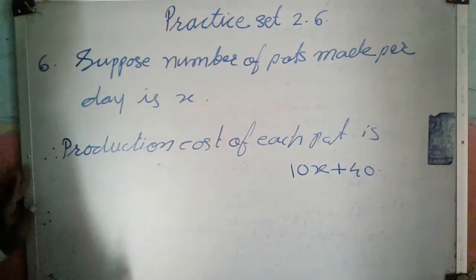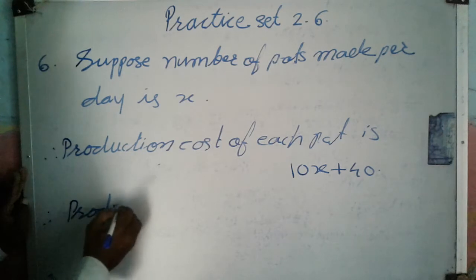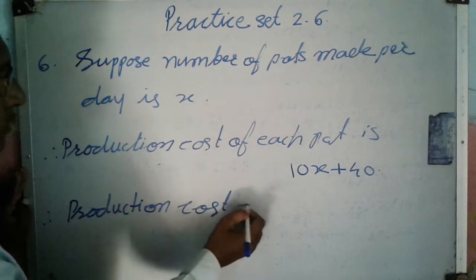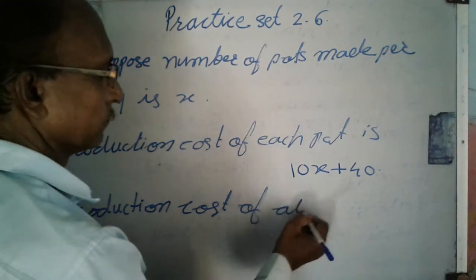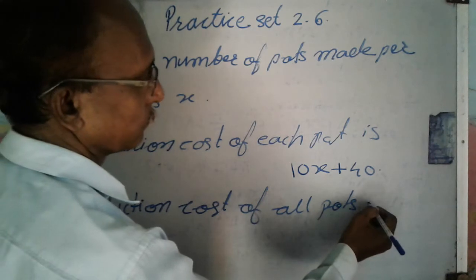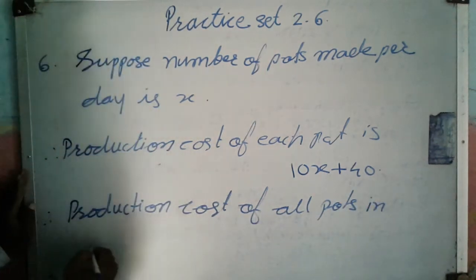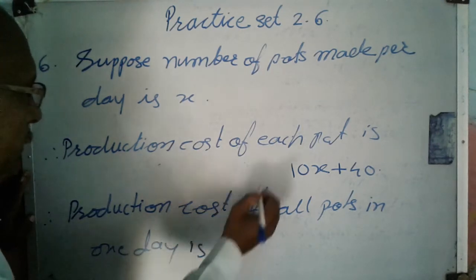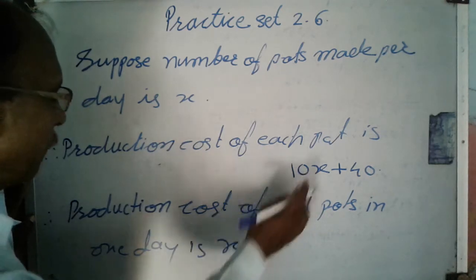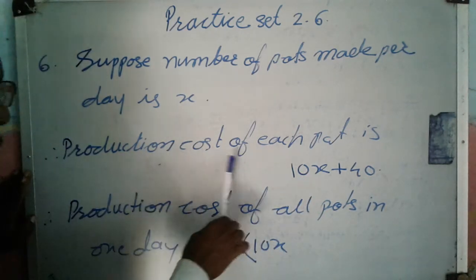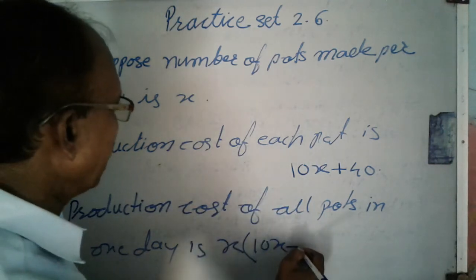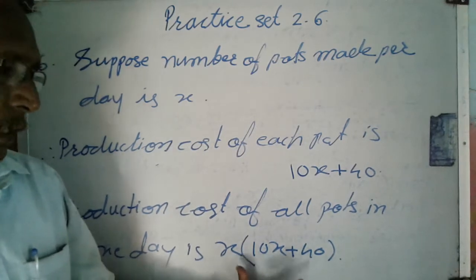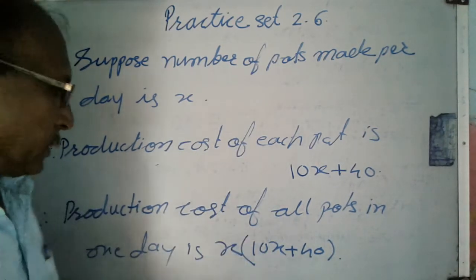That means the production cost of all pots in one day is the number of pots multiplied by the production cost of each pot, x times bracket 10x plus 40 bracket complete. But this cost is given equal to 600.